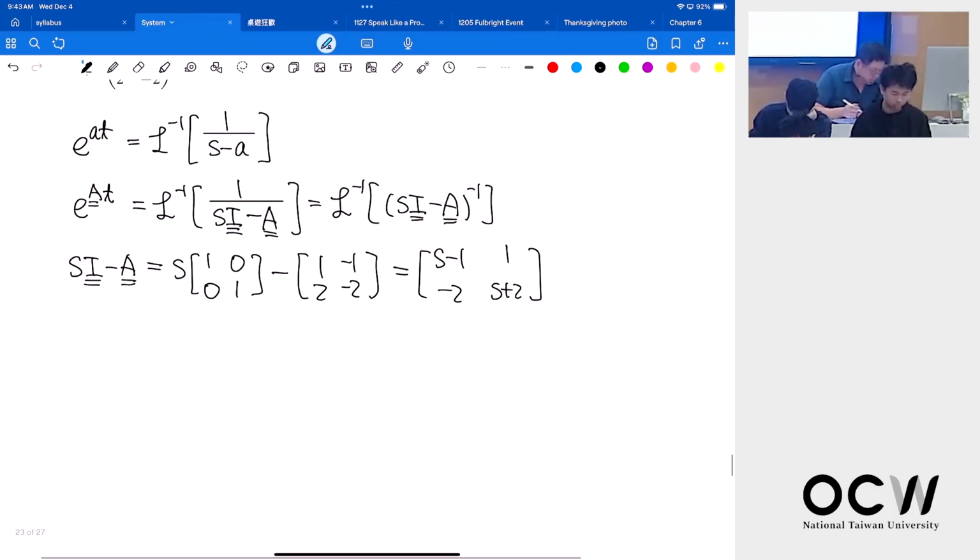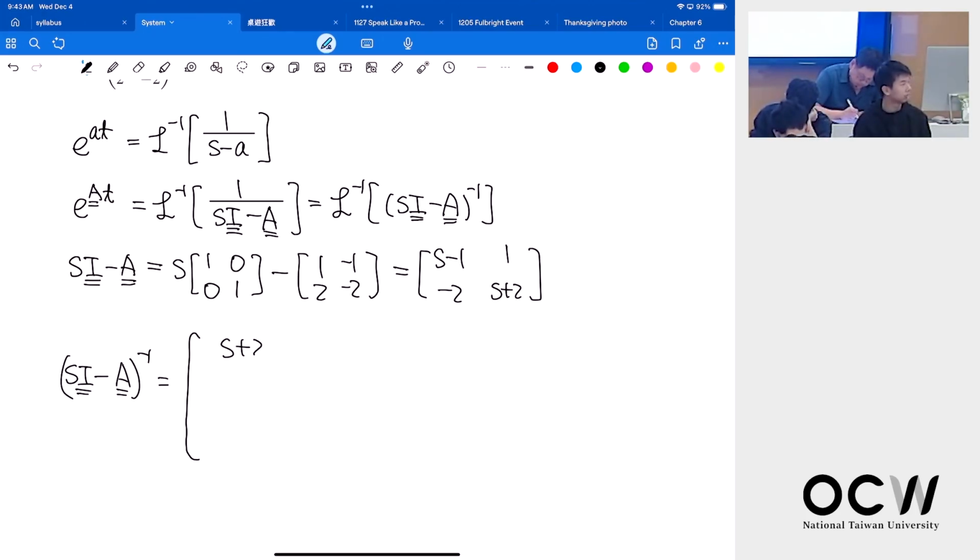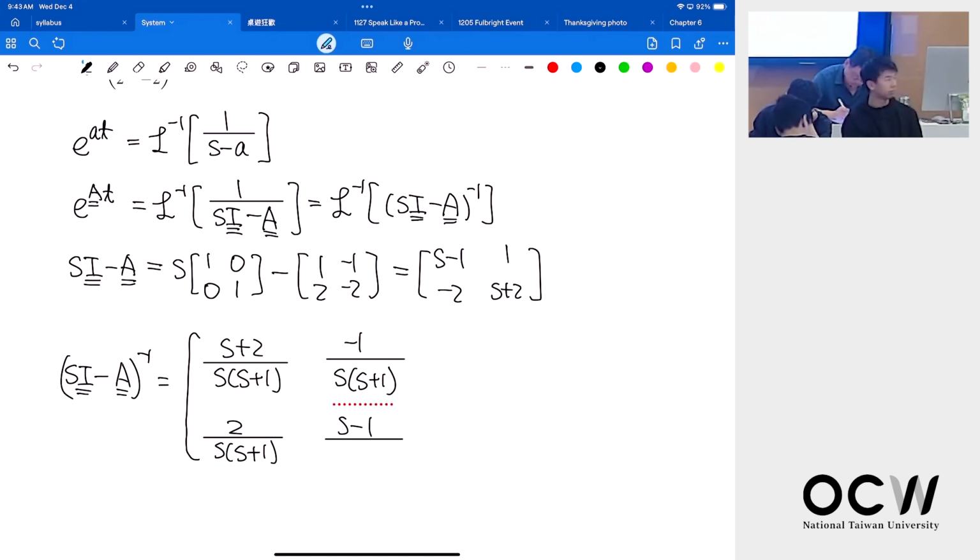So the inverse is, okay, here's the inverse.